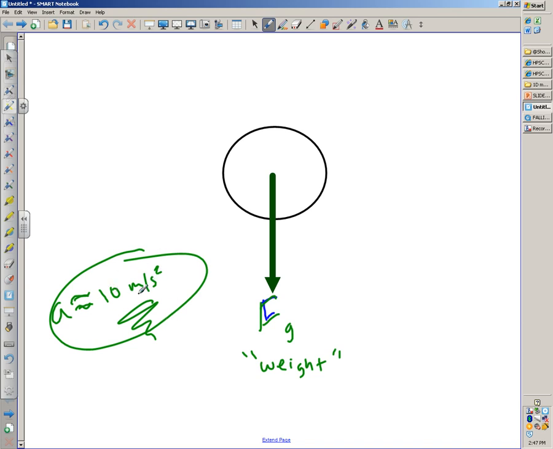And that's the acceleration of gravity. Not necessarily the acceleration of that object, because we have to take a look at the other forces. So just because an object may be at rest doesn't mean that it doesn't have weight. It still has a force of gravity acting on it. It just so happens that that force of gravity happens to be balanced out by a different force. But that doesn't change the fact that gravity is still acting on it. Is that good?